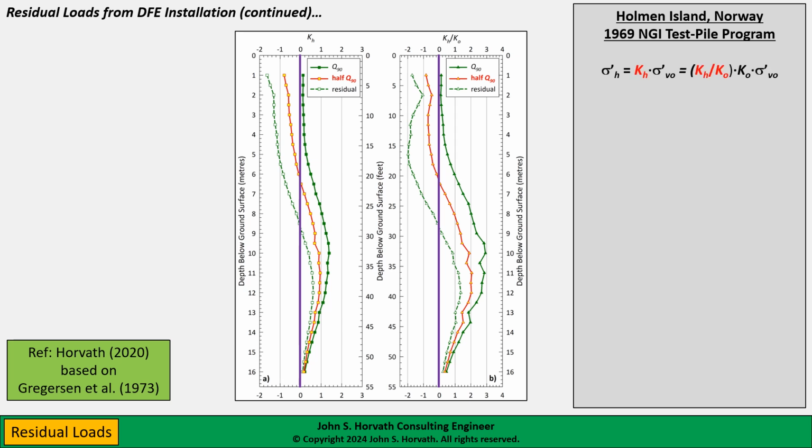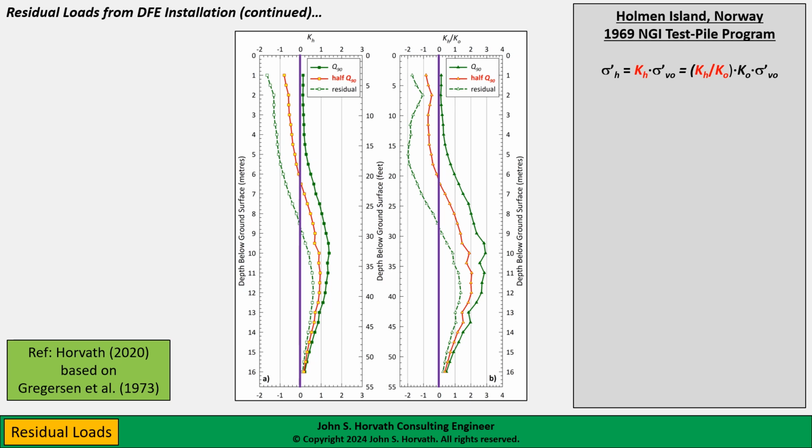Now we know that the horizontal effective stress of the ground acting on a DFE shaft can be expressed as a dimensionless earth pressure coefficient, capital K sub H, times the vertical effective overburden stress along the shaft.